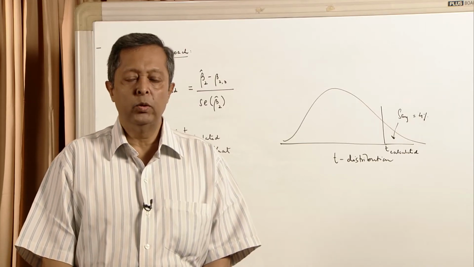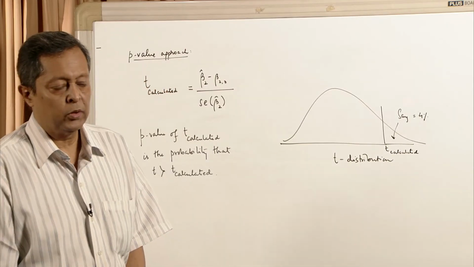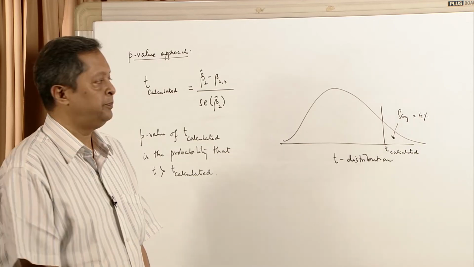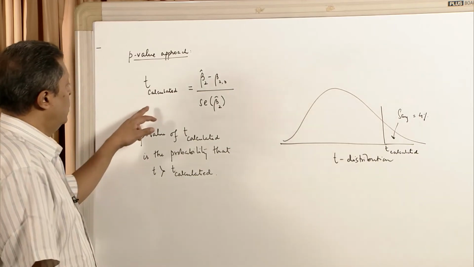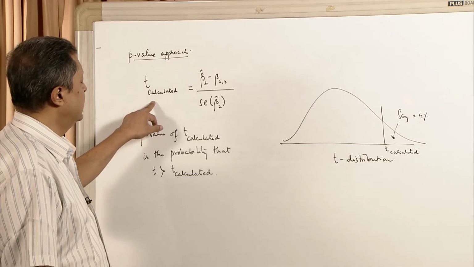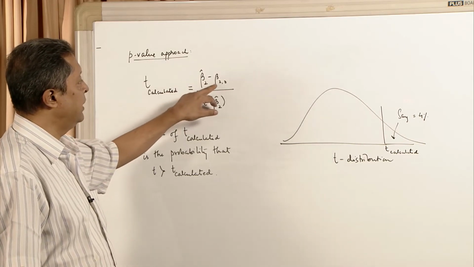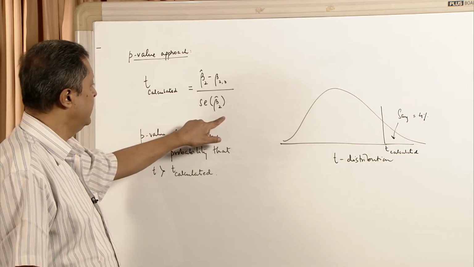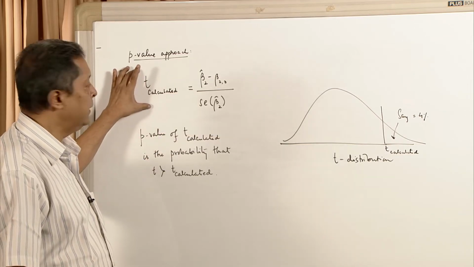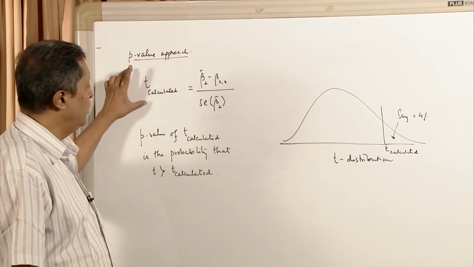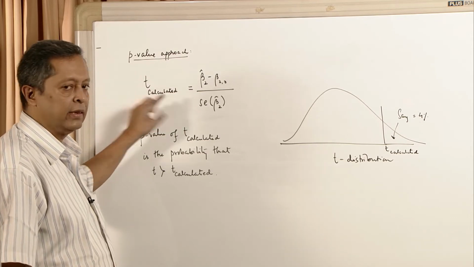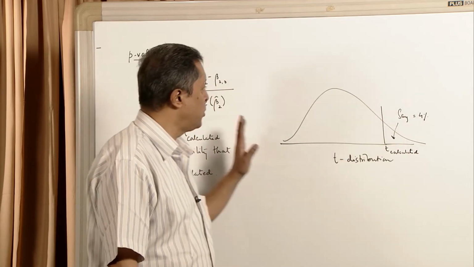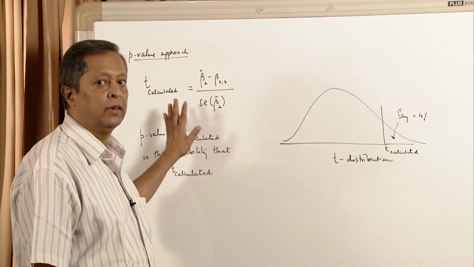The p-value approach to testing of hypothesis on individual coefficients is as follows. We already saw that beta 2 hat minus beta 2 0 divided by standard error of beta 2 hat is the calculated value of the t statistic. We denote it as t calculated. This is our familiar t distribution with the appropriate degrees of freedom depending on the number of variables.